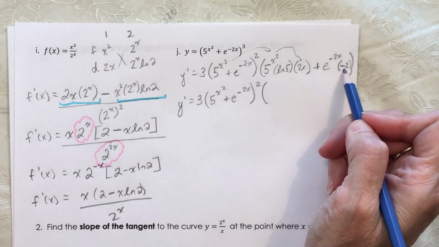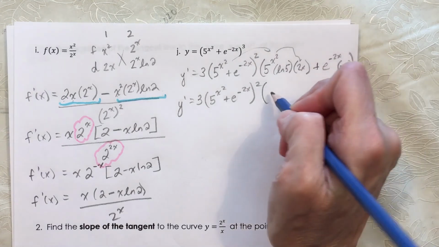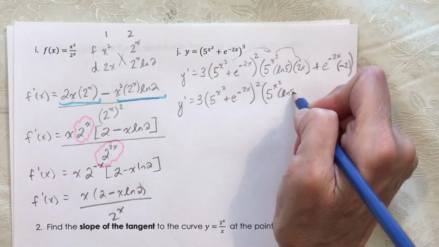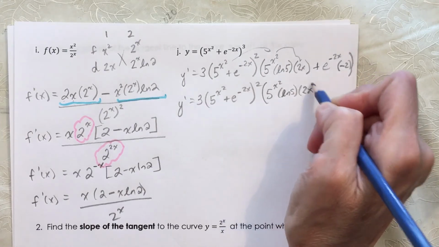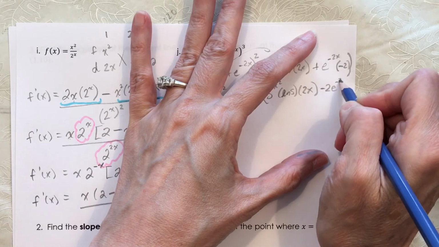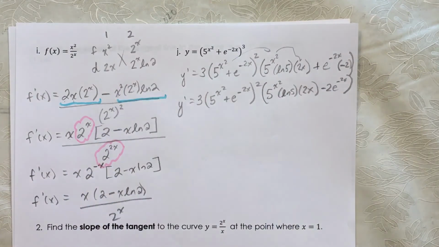The only thing I would do is put the negative 2 out in front of the e to the negative 2x, but other than that, just make sure you've got brackets and you don't combine things that you're not able to. That would be your answer.